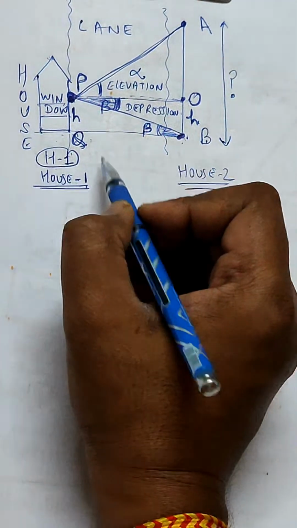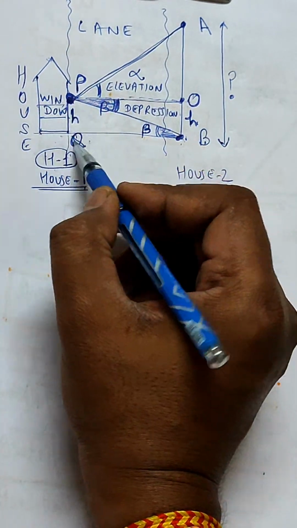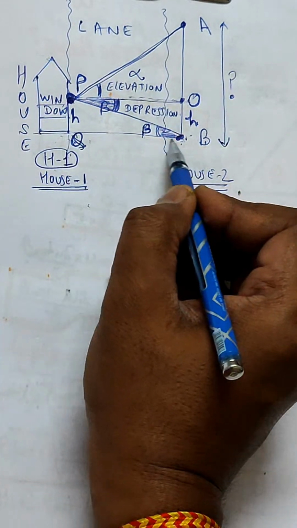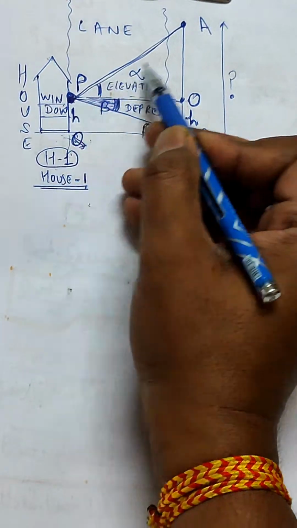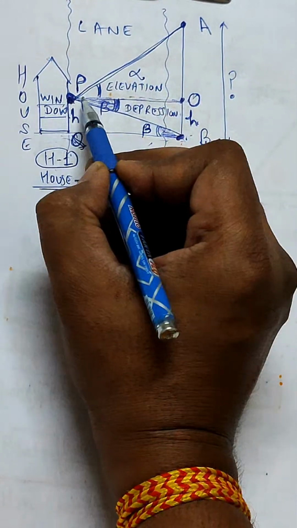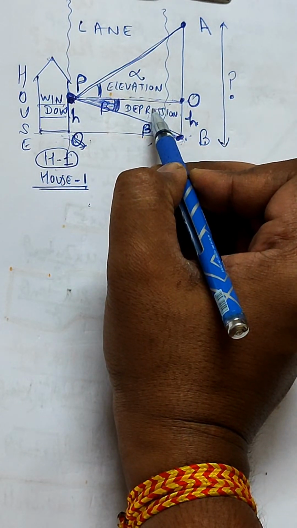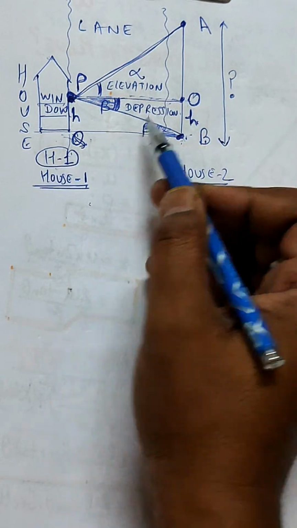So now what we will do, we will take two triangles. From triangle PQB we will find the width of the lane, this one QB, and similarly we take this second triangle and here we find the width of the lane and just compare it. Then we'll get the value which will finally add up to give you the height of AB, right?